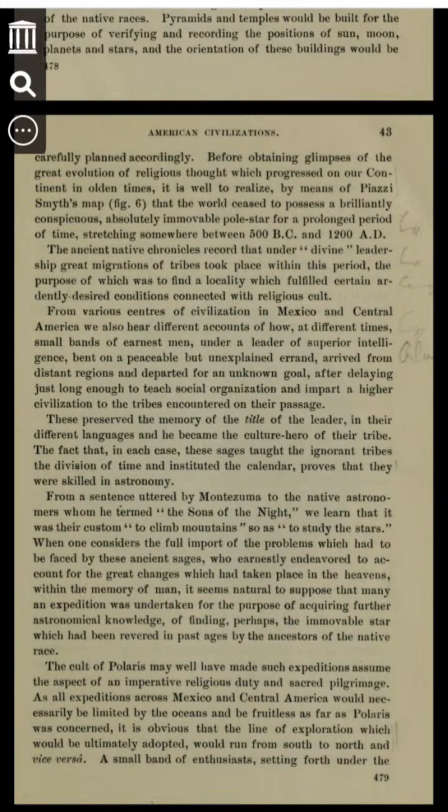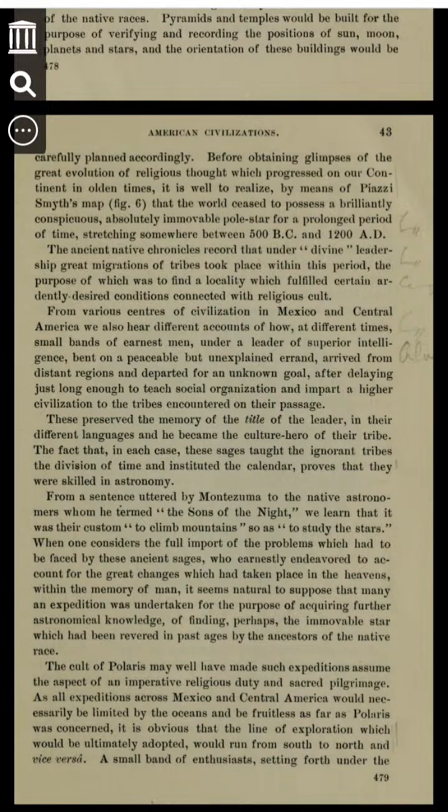But all right, the native chronicles record that under divine leadership, great migrations of tribes took place within this period, the purpose of which was to find a locality which fulfilled certain ardently desired conditions connected with religious code.